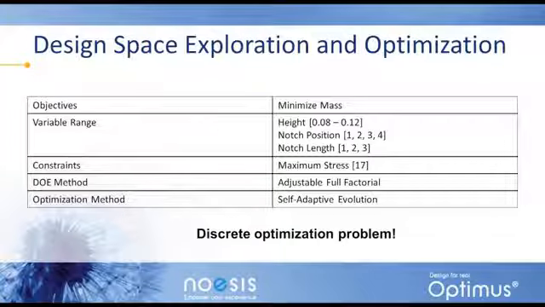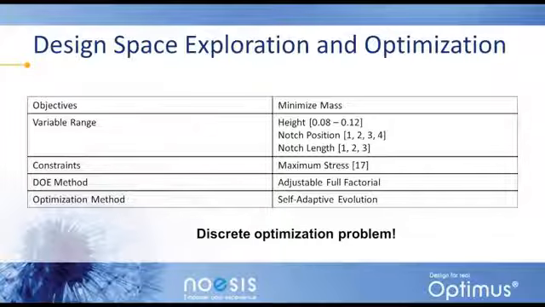We do have a constraint being placed on our maximum stress, and knowing that we have a number of discrete inputs, we've determined to go with an adjustable full factorial design of experiments. This is a unique feature inside of Optimus that allows you to set the number of levels which you want to run on your factorial experiment.